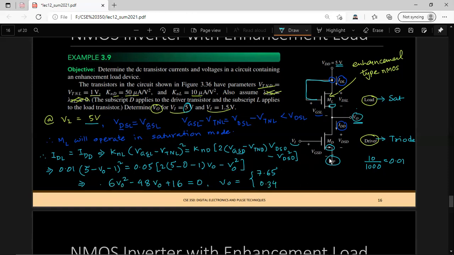It is obvious that 7.65 is not the answer, because the maximum voltage here is 5 volt.